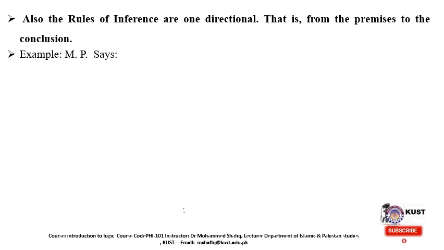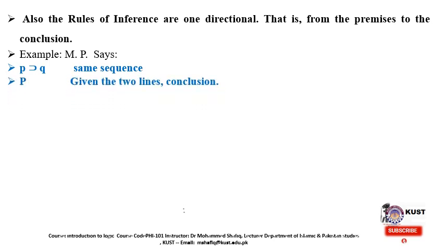For example, modus ponens says: if P then Q, P. Given the two lines, the conclusion, therefore Q, may be derived, and there is no change in that sequence.